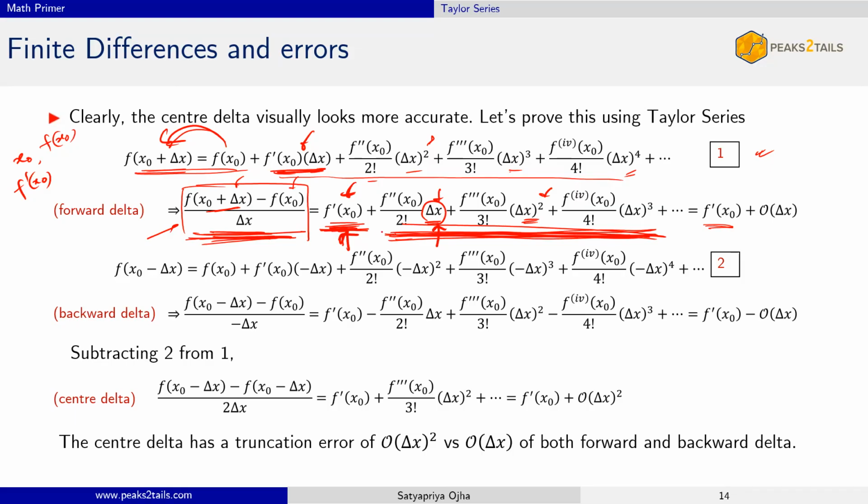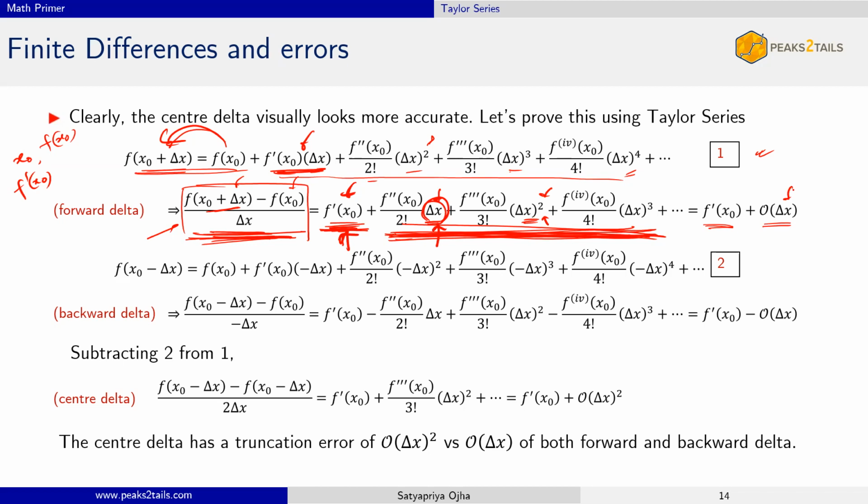Now I was saying in this error term which is left out, delta x is the biggest term. Delta x square will be much smaller, because imagine delta x is a fraction, a very, very small number. If you square a fraction, or cube it, those will become smaller. So we say that this entire error term is of the order delta x.